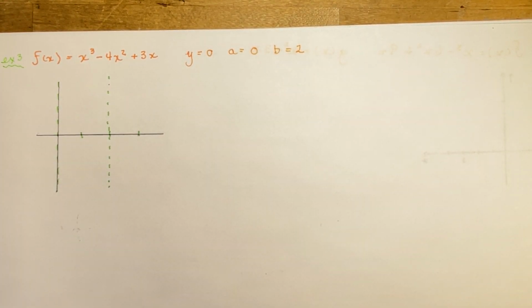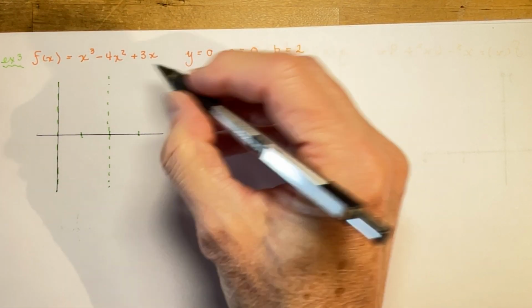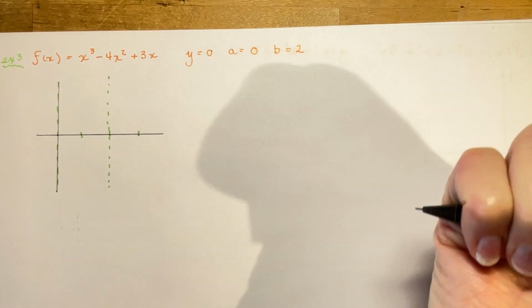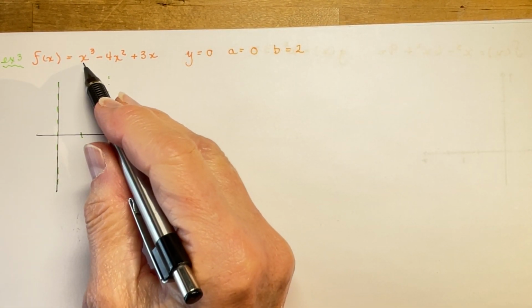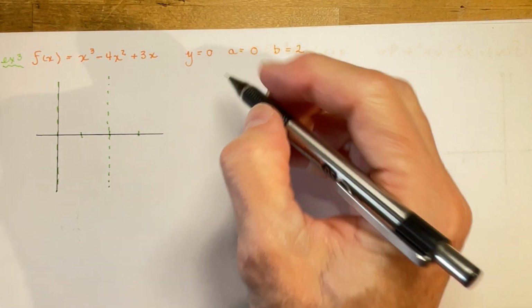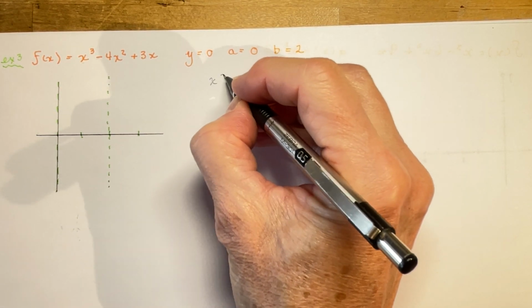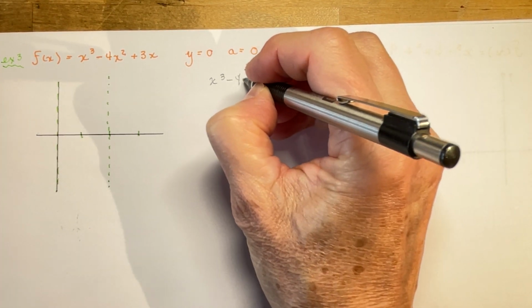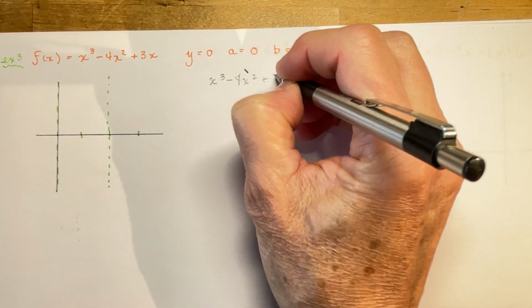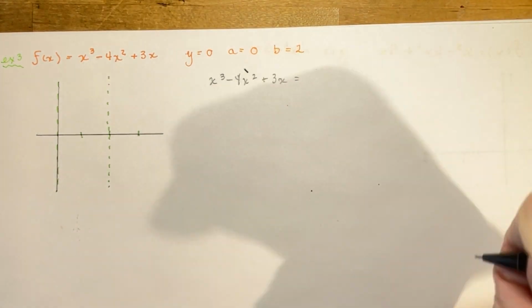Now I need to graph the function. So if you're trying to graph a cubic function, the first thing you want to do is factor it, right? It's a positive cubic function. So if I write this x cubed minus 4x squared, what would be the first thing you should always do when you're factoring? And I can hear you yelling it, look for a common factor.